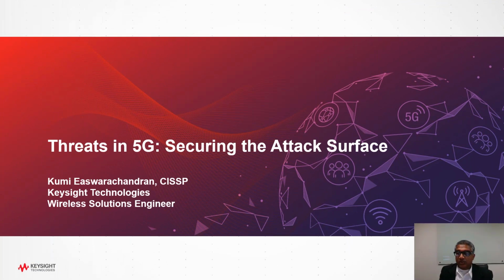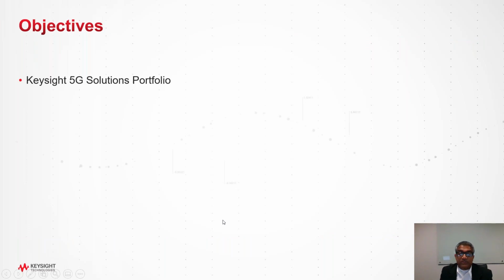Hi, my name is Kumi Iswarachandran, and I am a wireless solutions engineer with Keysight Technologies. Today we're going to be talking about threats in 5G, securing the attack surface. So we will start off with talking about our Keysight 5G solutions portfolio. It's a very large portfolio, so I want to focus on two items, a network emulation system that we have and an RF sniffer.